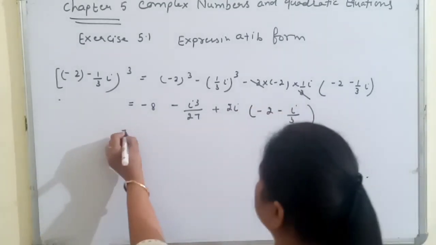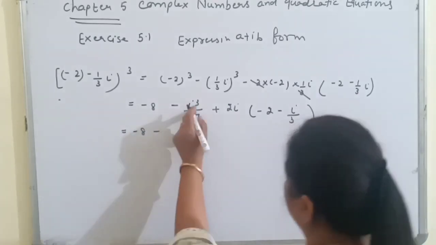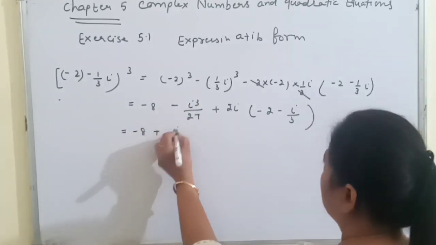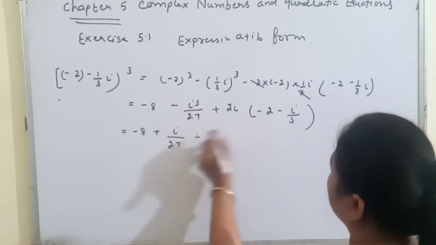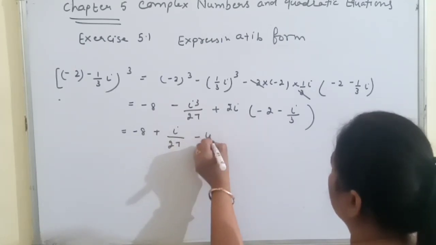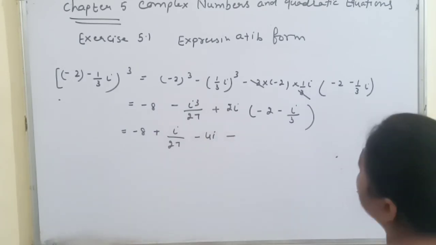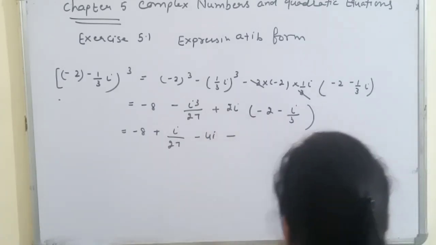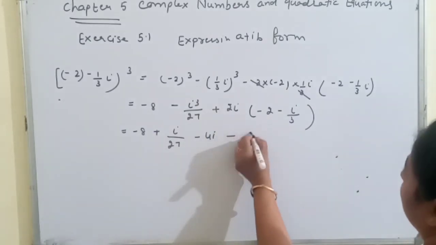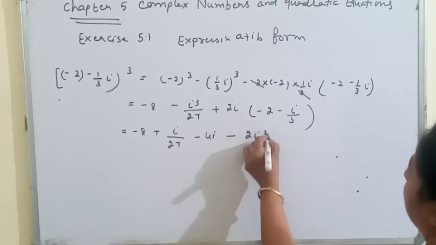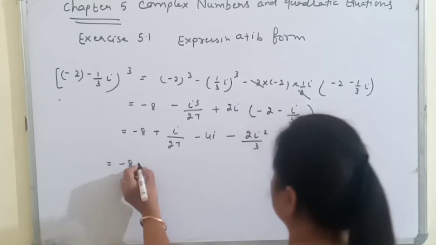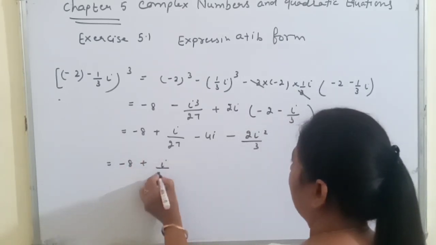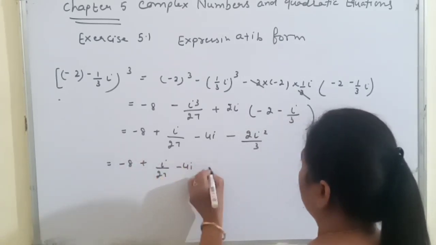Now multiply minus 8. Iota cube is minus iota, so it becomes plus iota upon 27. Plus 4 iota, and next, 2 is multiplied by minus iota, minus 2 iota square upon 3: minus 8 plus iota upon 27 minus 4 iota.